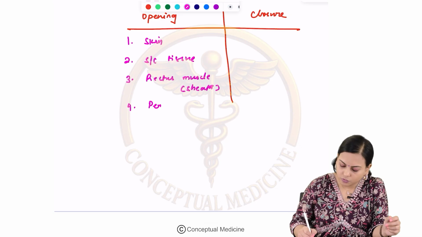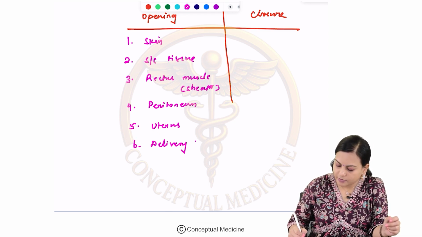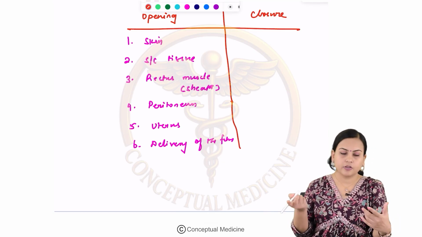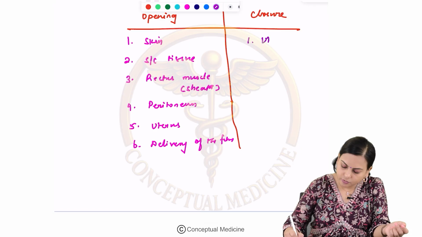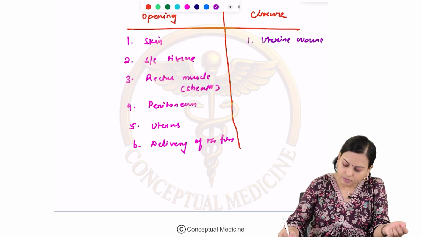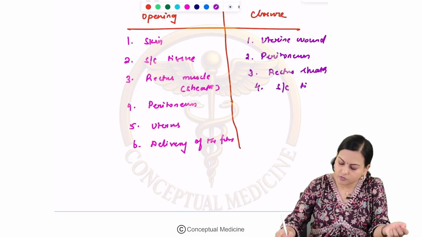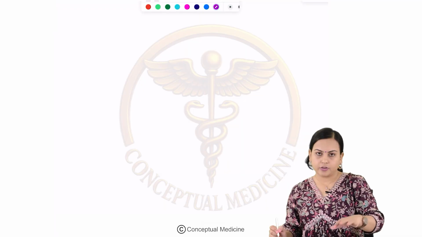We go through the peritoneum, then the uterus, and after that we will be delivering the fetus. Clear? Then closure should come in reverse. We will be closing the uterine wound, followed by the peritoneum, followed by the rectus sheath, and then the subcutaneous tissue and finally the skin. Do you understand it now?